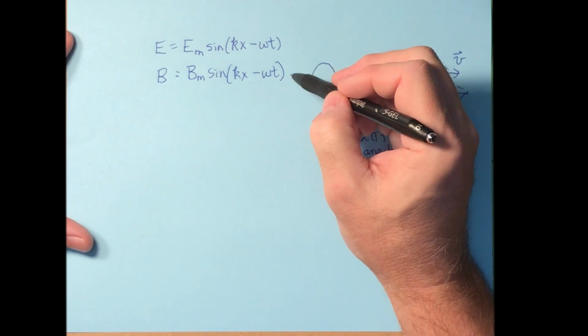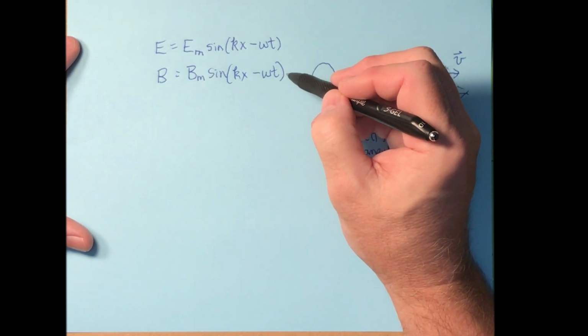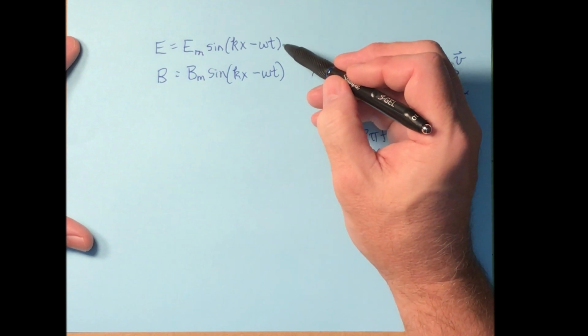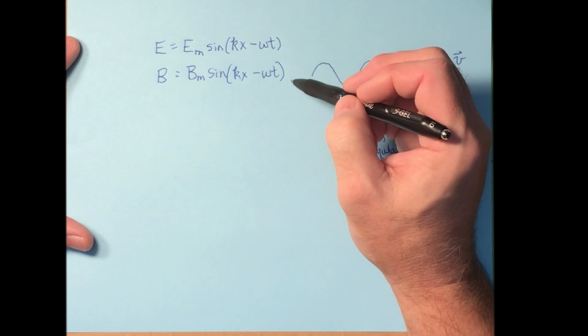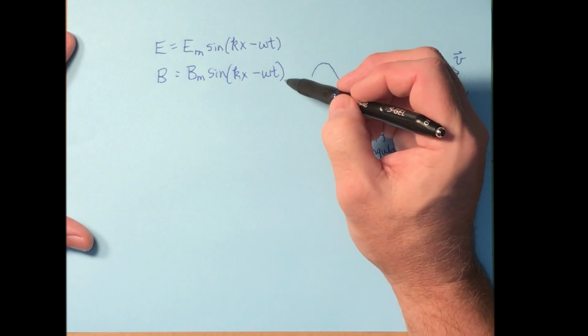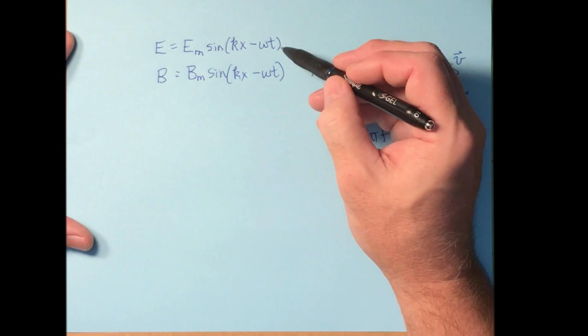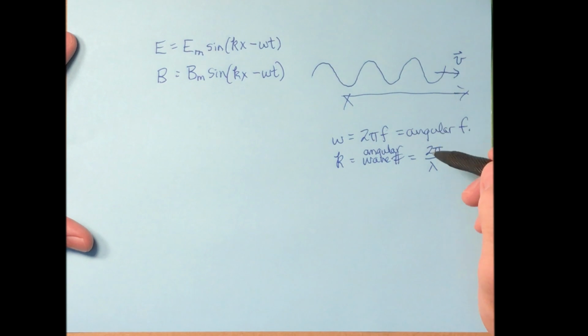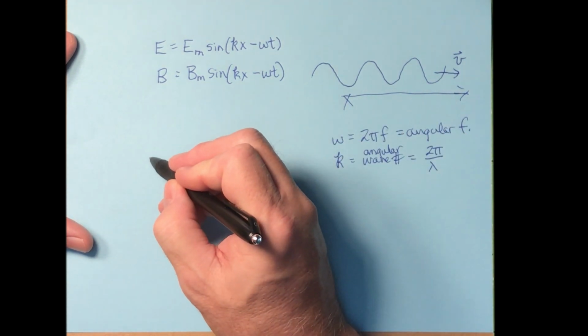Now we don't have to include a plus or minus phi. We don't include a phase angle, because these two waves are always going to be in phase with each other. They're always going to be perpendicular to each other. So these are the equations then that describe an electromagnetic wave.